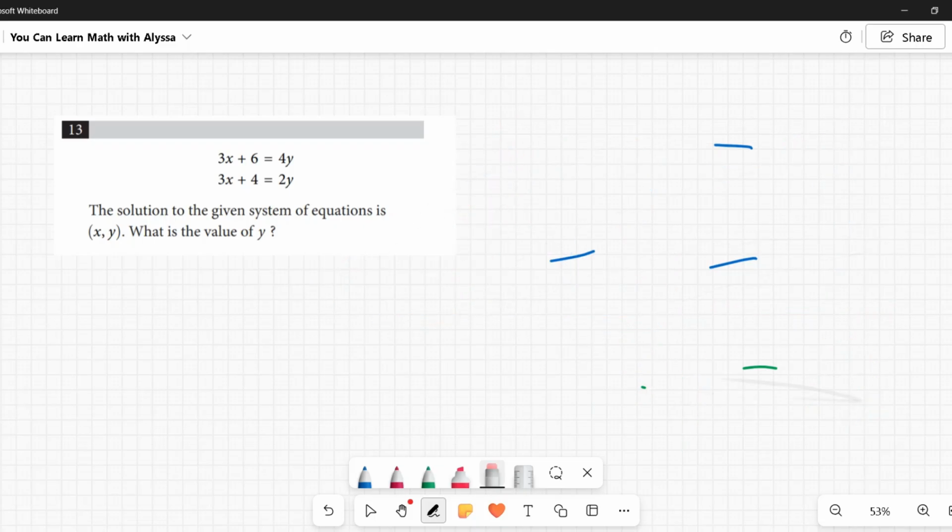When you have this situation where two of the variables are very close to each other, and one is negative, they would cancel out when we add these two equations together. Then elimination becomes a possibility.